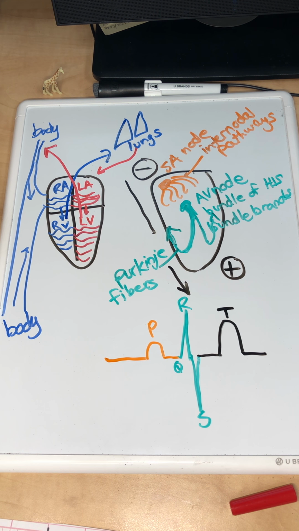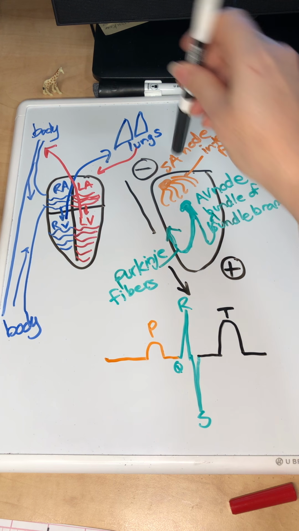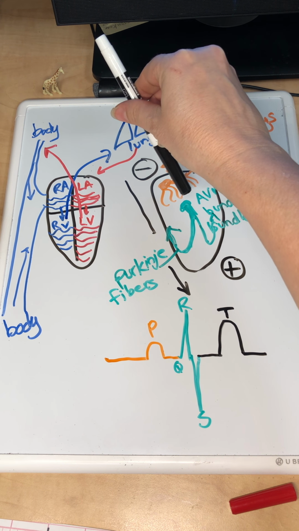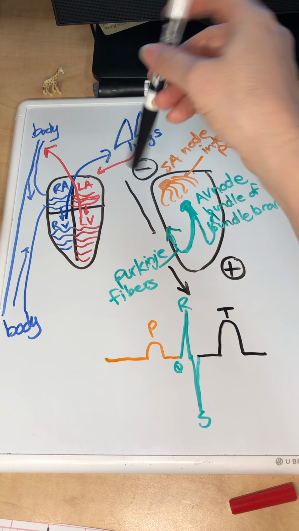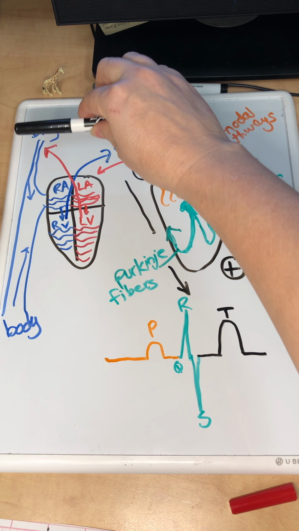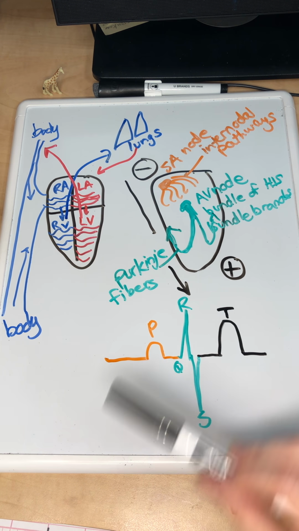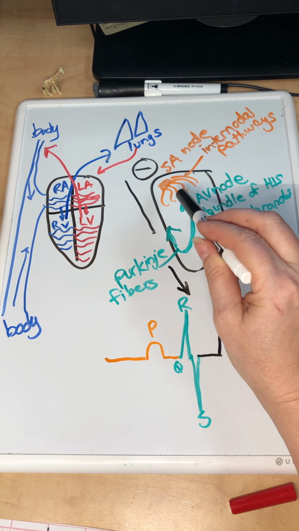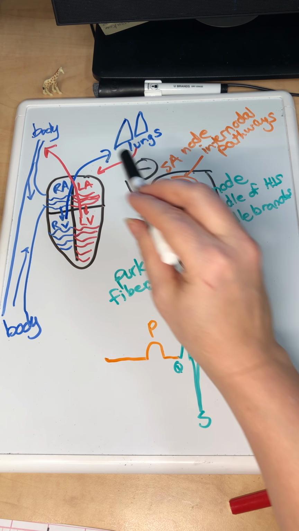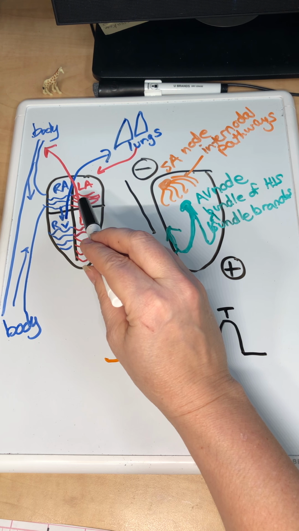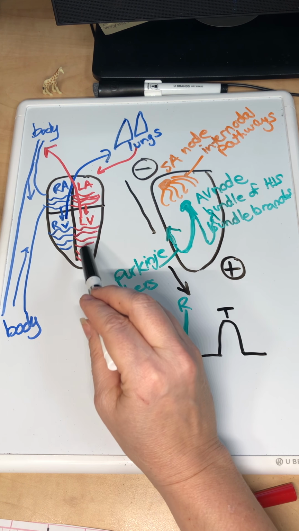So now you know that the P wave represents the electricity traveling through the atria, the top of the heart, and that causes the atria to contract and push blood down into the ventricles, right? So the electricity travels in this direction so that these chambers can contract and get the blood down into the ventricles.